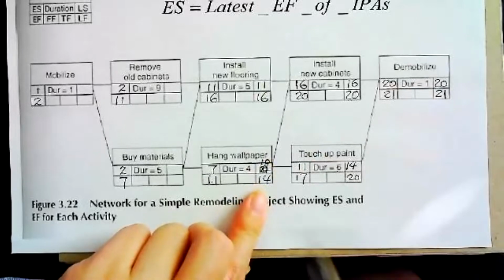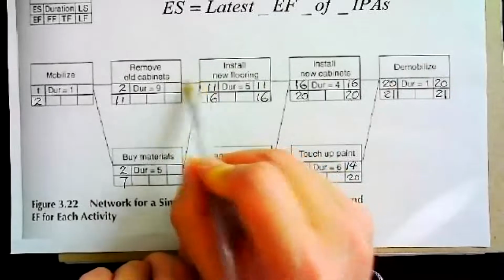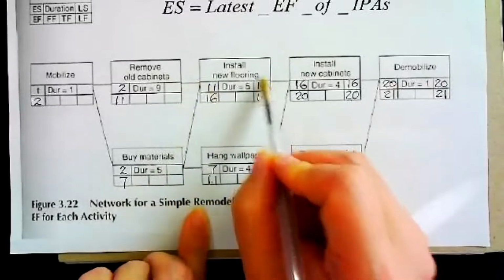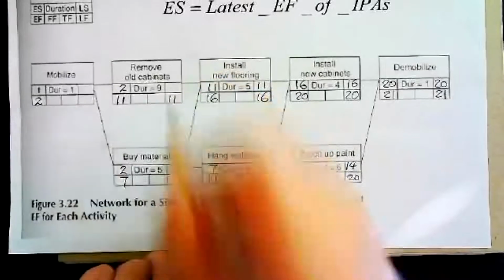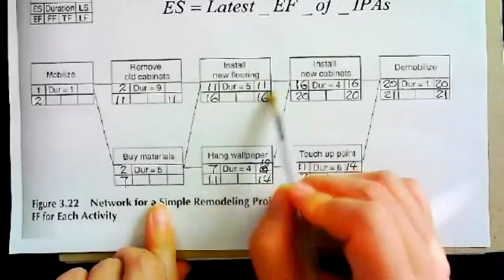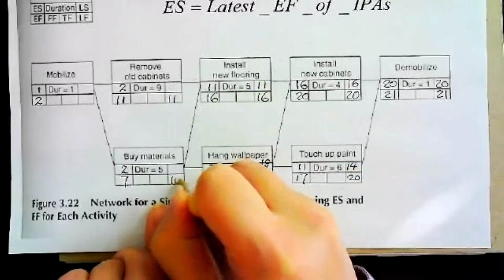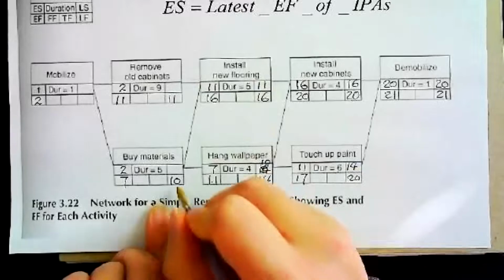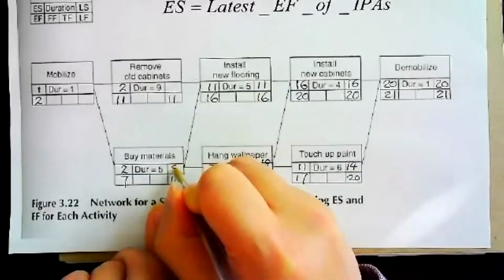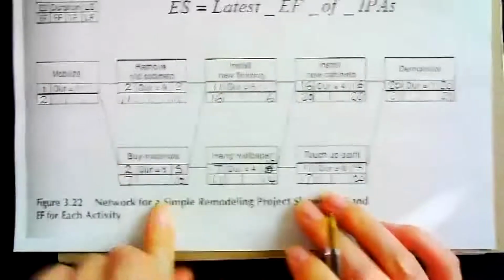Okay, and go backward. This has only one ISA. This number is 11, so put 11 here. This one has two. This is 11. This is 10. So I put 10 over here. 10 minus 5 is 5. 11 minus 9, this is 2.